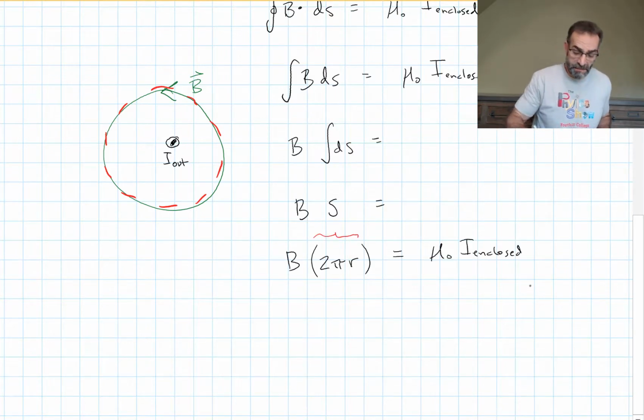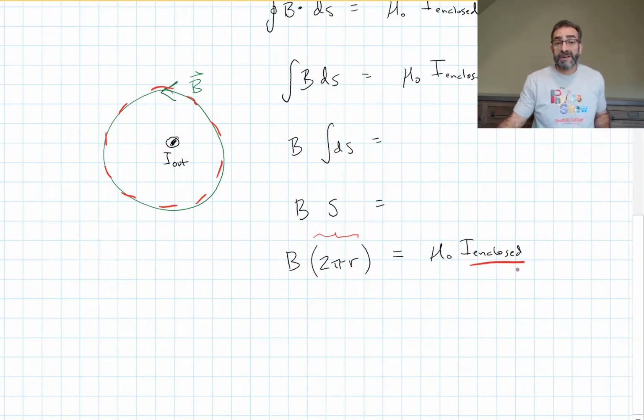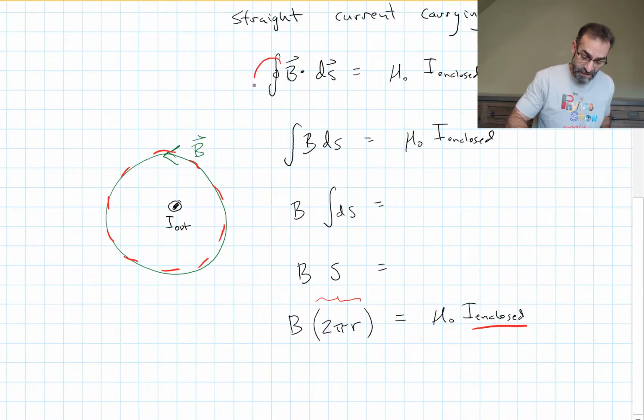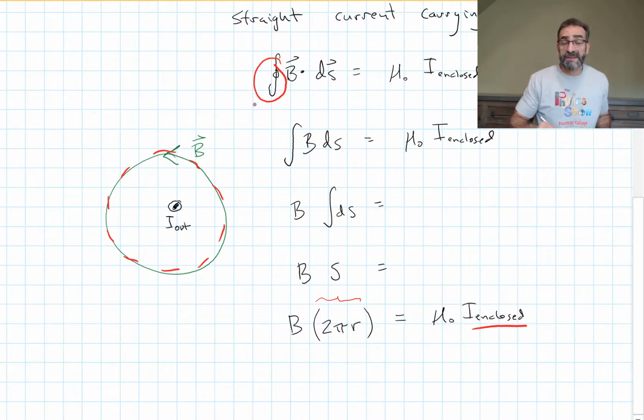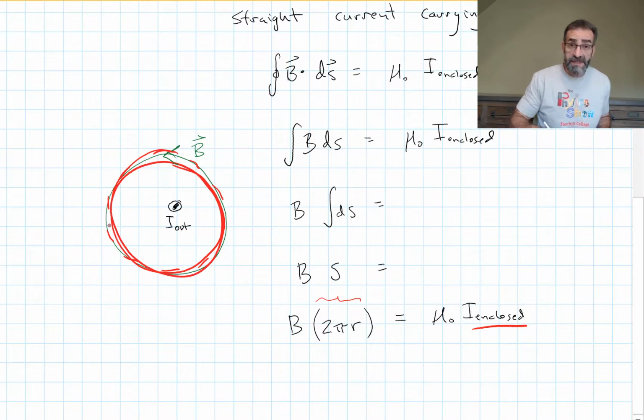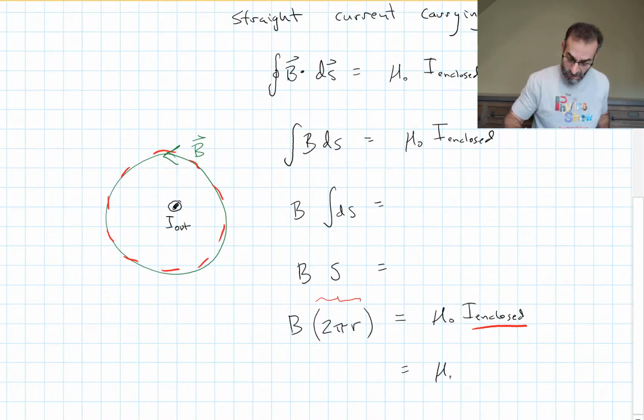So what do we mean by I enclosed? That is the current enclosed by this path that's defining our path integral. So in this case, the red dashed line is our path. So the current enclosed is just the current in our wire.